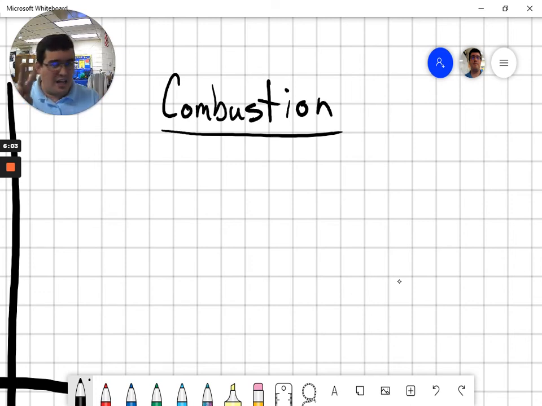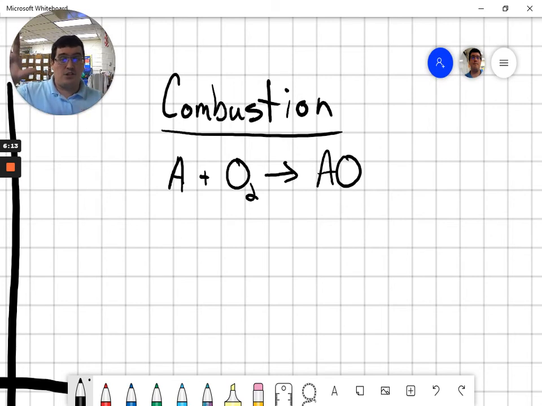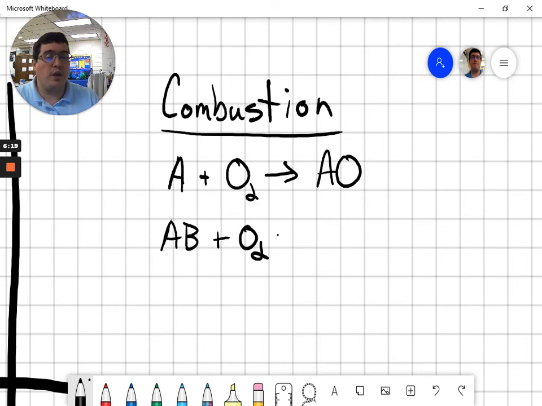So combustion kind of comes in two flavors. You could have a single element getting burned in air, and that produces a compound that is a combination of that element and oxygen. Or you could have a compound being burned in oxygen. What usually happens there is A and B get separated and then paired together with oxygen.